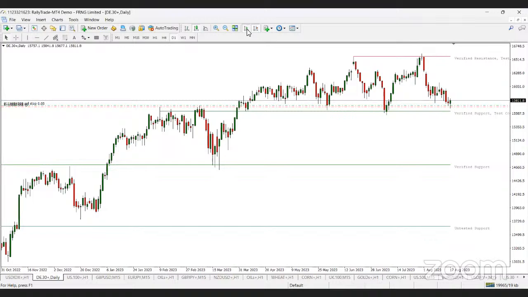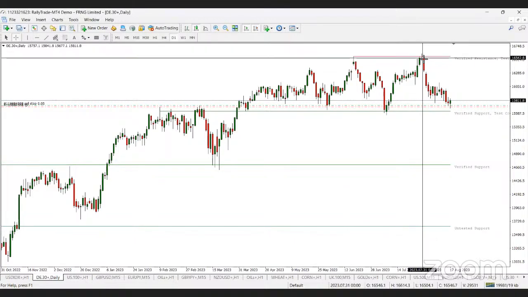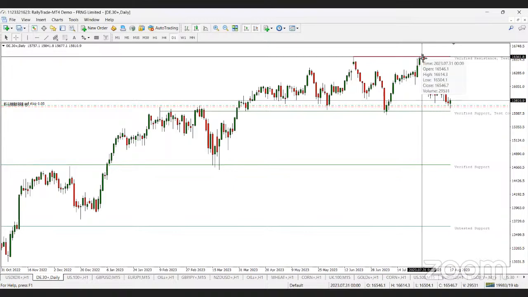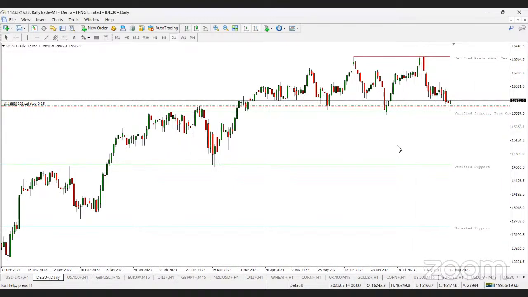DE30 approached its new high, I think it was in July. Let's see where this candle is. It approached a new high in July, and from that point it fell down.